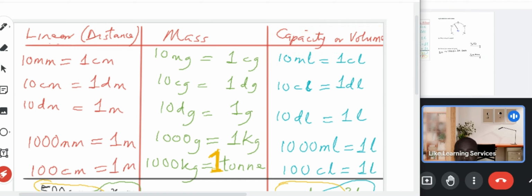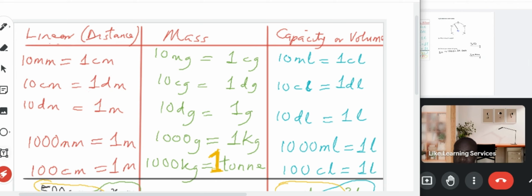By the way, how many millimeters make 1 meter? Going from here to here, from millimeter straight to meter.